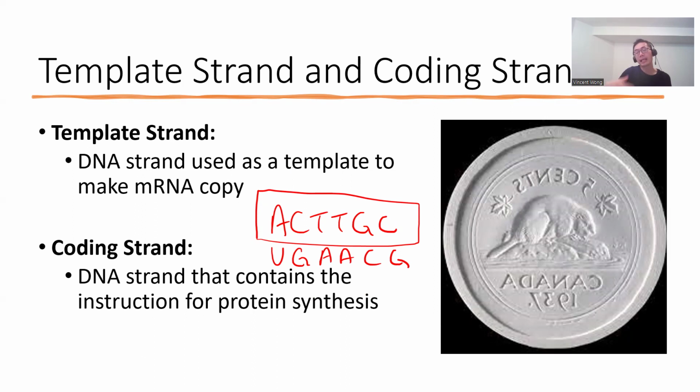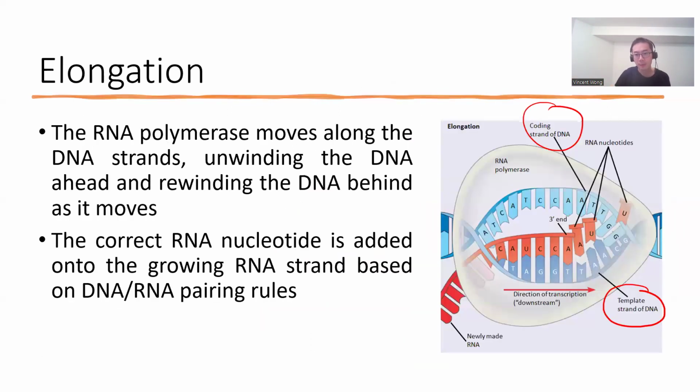Now, that's going to be a problem because if you copy it using the base pairing rule, you end up not with the exact same thing, but the complementary strand. You end up making a copy of the other strand that you didn't use. Let's go back to here and see.